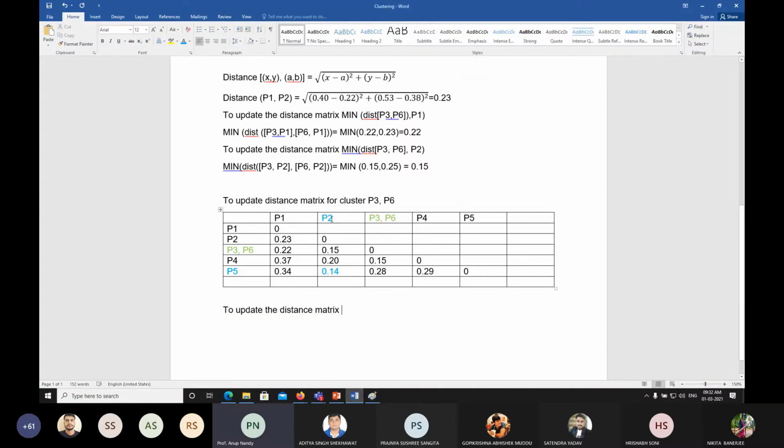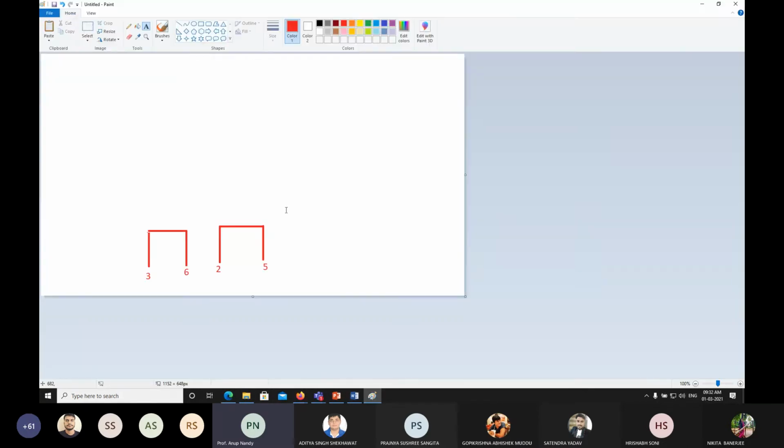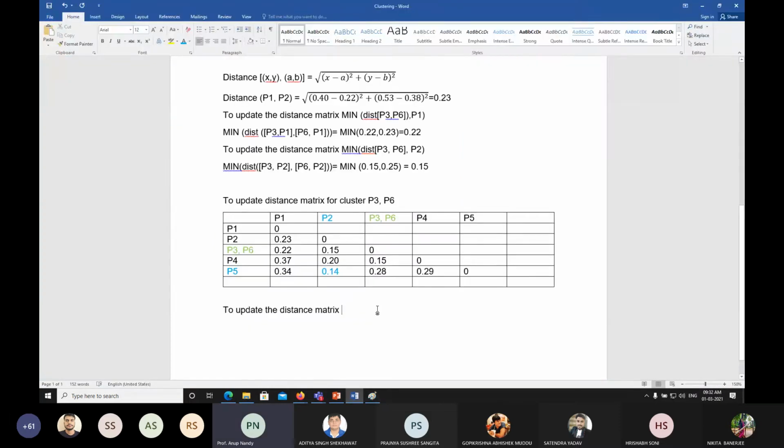Now because for each distance table after updating the distance matrix, you need to find out this minimum, which pair will give the minimum distance. Then this pair will be constructed in the form of a dendrogram. Okay. Now again to update the distance matrix, so what you have to do? Again you have to update the distance matrix.